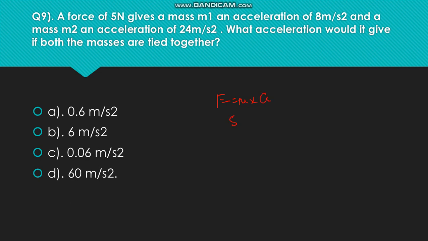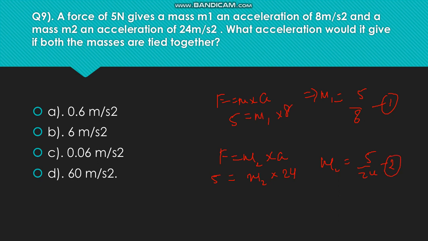Force is 5 Newton, we don't know mass m1, acceleration is 8, so m1 is equal to 5 by 8, this is equation 1. Again force F is mass m2 into acceleration. We know force is 5, acceleration is 24, so m2 is equal to 5 upon 24, this is equation number 2.